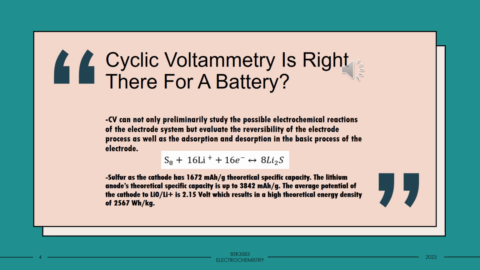Let's talk about cyclic voltammetry and its application in a battery. Cyclic voltammetry can not only preliminarily study the possible electrochemical reactions of the electrode system, but also evaluate the reversibility of the electrode process as well as the absorption and desorption in the basic process of the electrode.